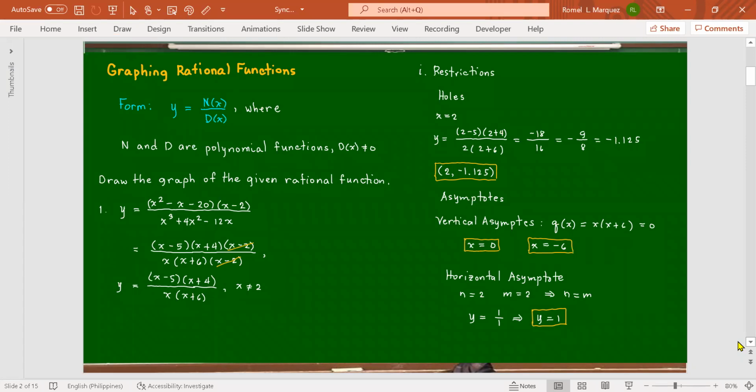And then after that, we're now going to have intercepts. There are 2 types of intercepts. We have the x-intercepts. To get the x-intercepts, we get this from the numerator of the simplified, by equating y equal to 0.